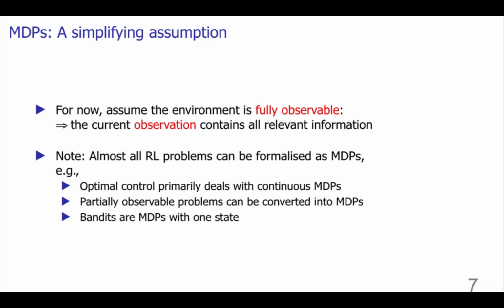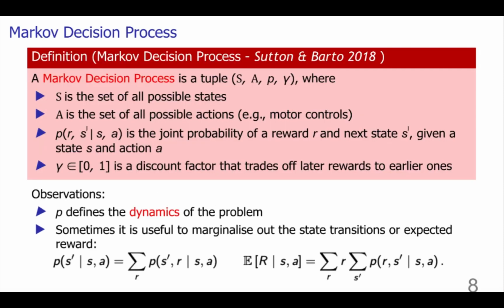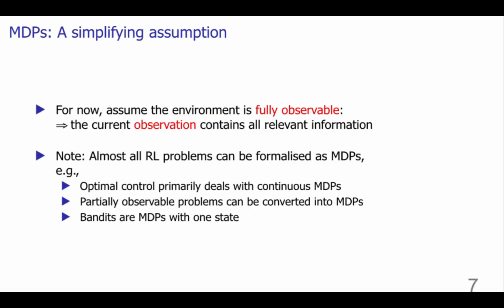The bandits, the multi-armed bandit problem we saw last time, are simply MDPs, or models with one state. So the simplification is already given: we consider O_t equal to S_t, and S_t is the relevant form of the environment.